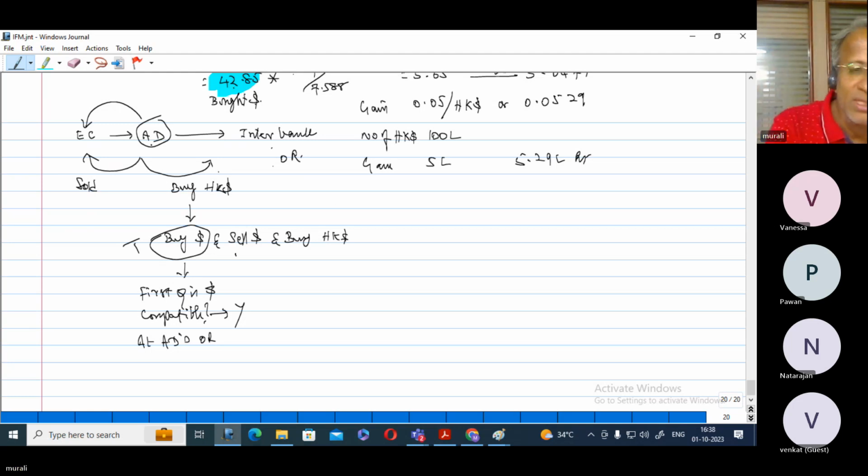Then comes sell dollar and buy Hong Kong dollar. The quotation is not for Hong Kong dollar. The quotation is for dollar. So compatibility is a problem here. So here the transaction is sell dollar.